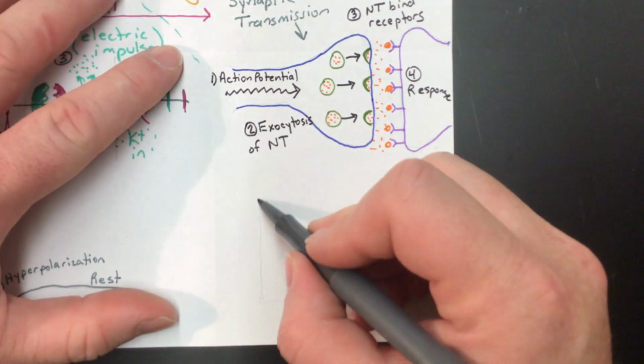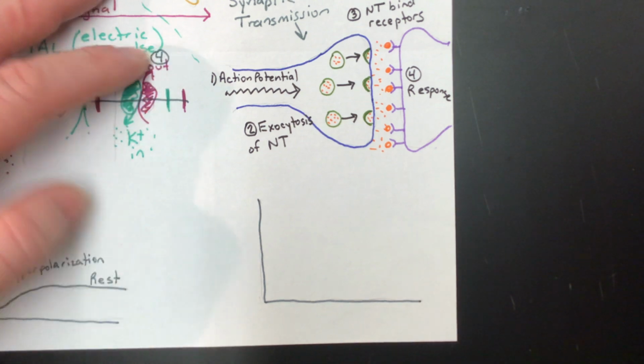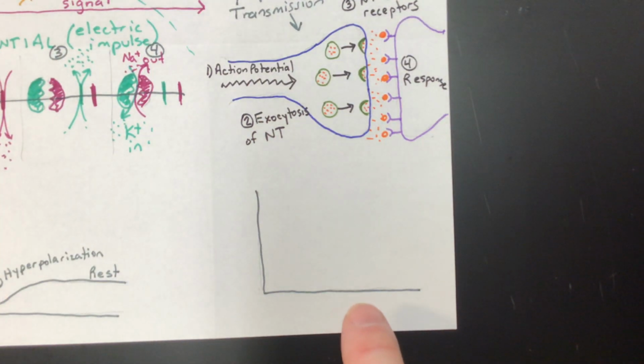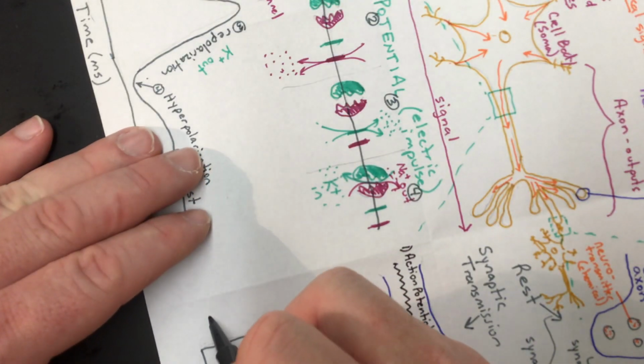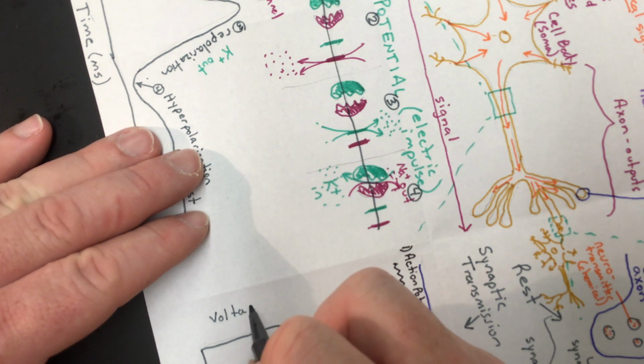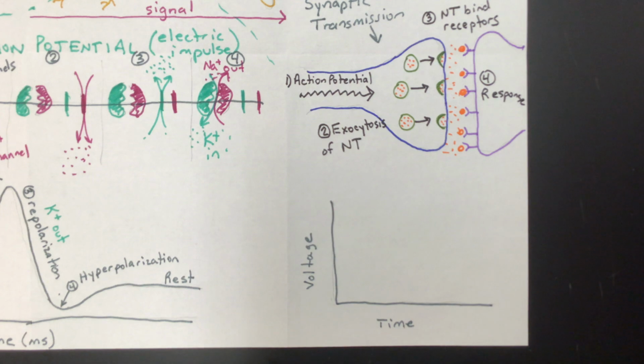Well, let's draw another graph down here, and this graph is going to be a copy of the graph on the other side, where we have our time and we have our voltage. And now we're measuring that voltage of the postsynaptic cell.